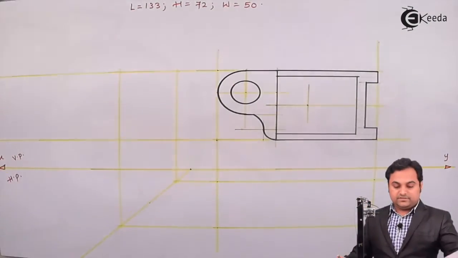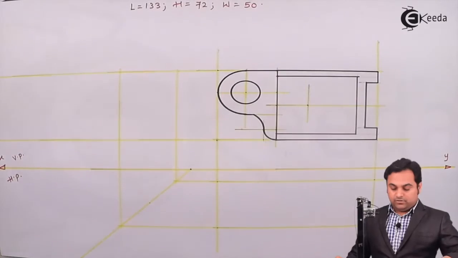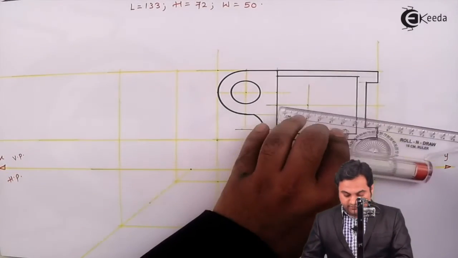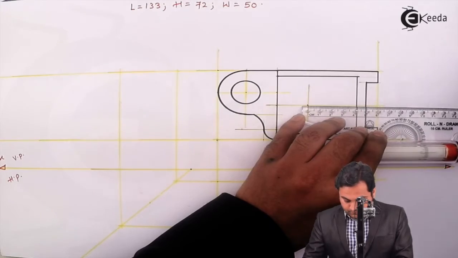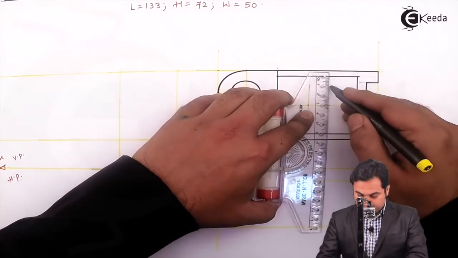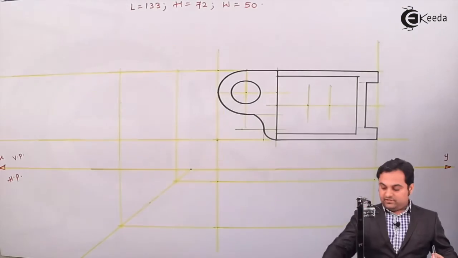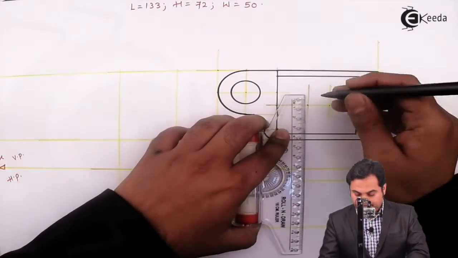After that, there is a length of 18, then another semicircle. So that length 18 will give us the center for the next semicircle. The semicircle has diameter 16, so radius is 8 mm.